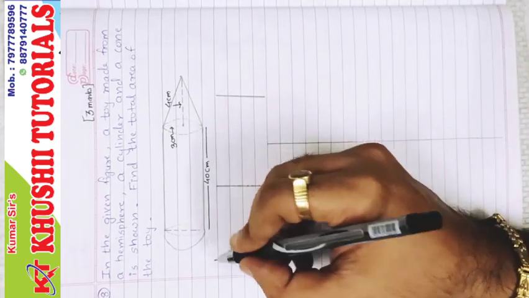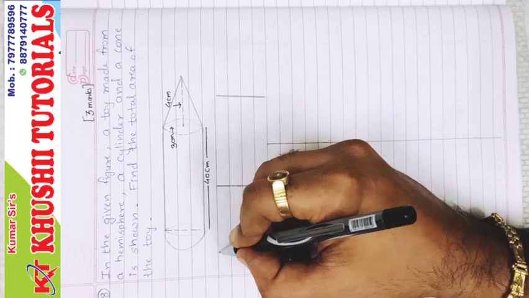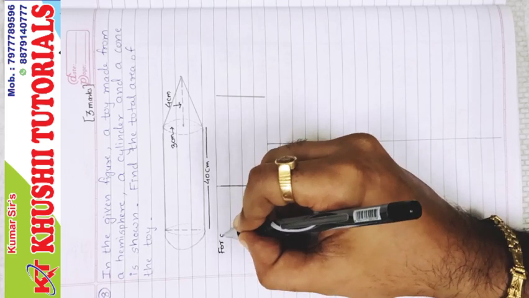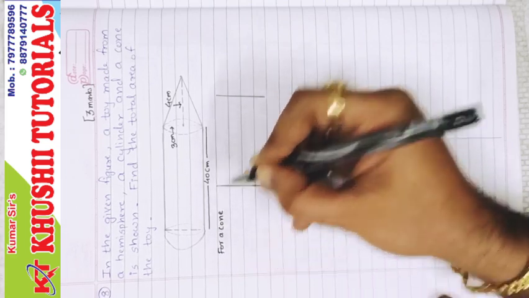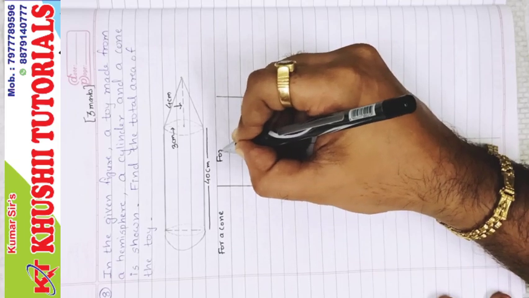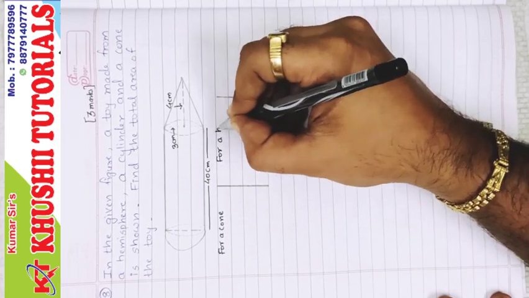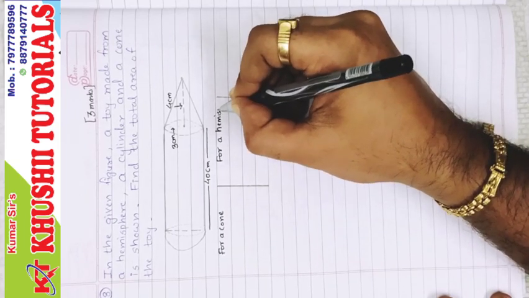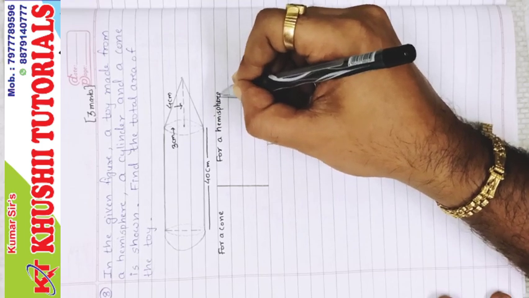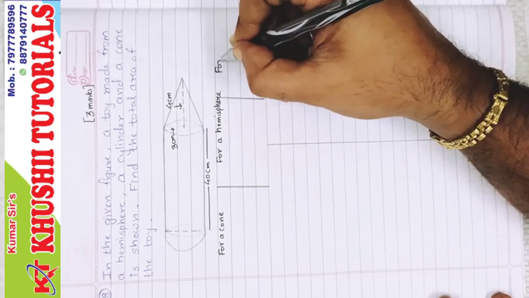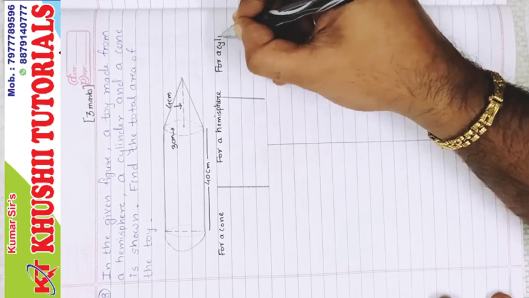So let's start. First I'll write the information for a cone or conical part, for a hemisphere, and for a cylinder.